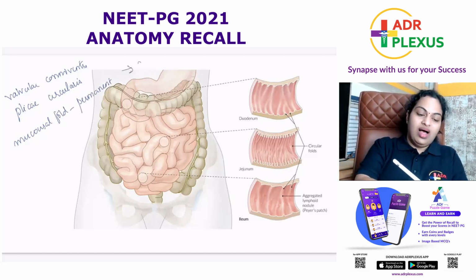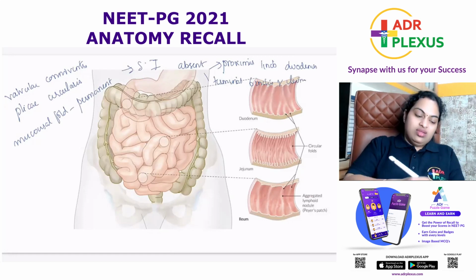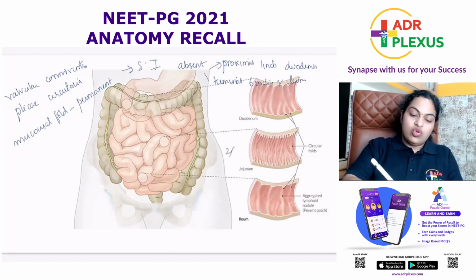But absent, please make a note of it. These plica circularis are absent in the proximal 1 inch of your duodenum and the terminal 6 inches of ileum. Okay, guys. So the jejunum contributes 2/5 of your small intestine.